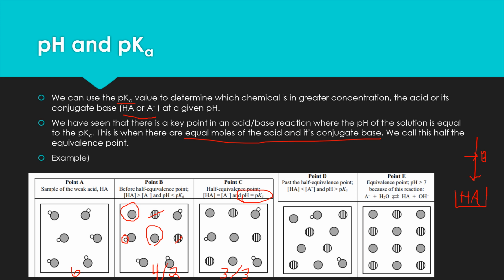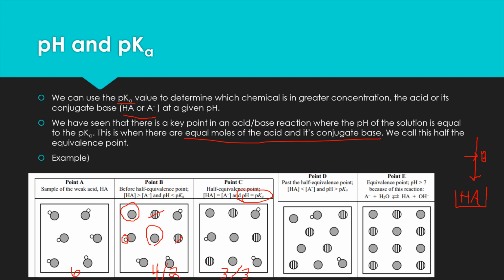When we had more of our acid with that 4:2 ratio, then our pH is going to be less than our pKa, because it's going to be more acidic, right? So we're on that more acidic side, and so our pH is going to be less than that pKa.